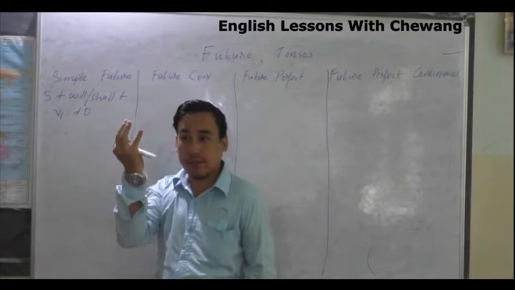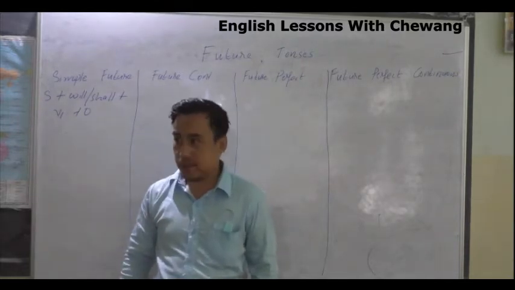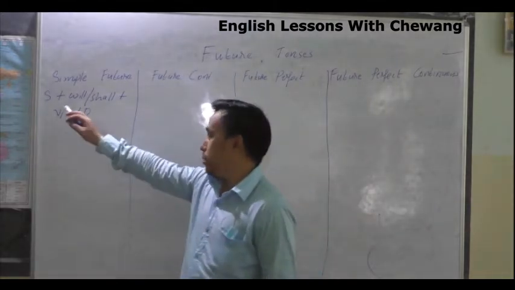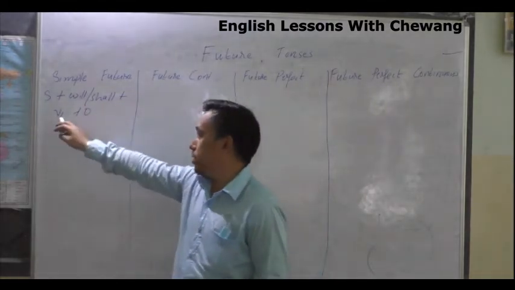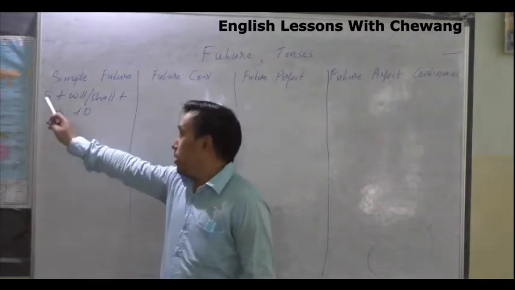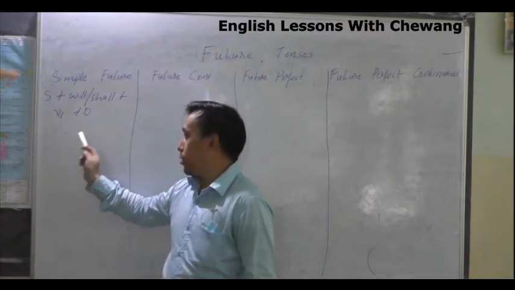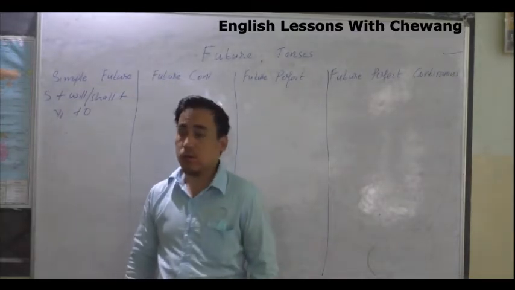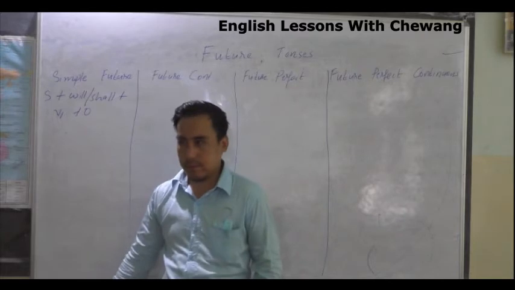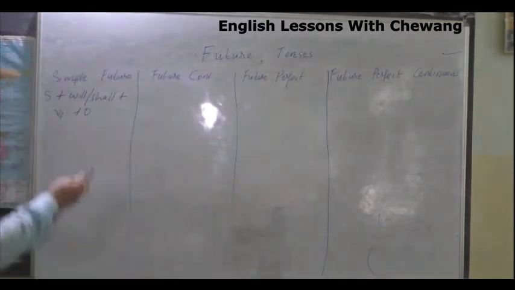Go, went, gone. Go to school. Make sense? Subject, will or shall, plus first form of the verb, plus object. So, he will or shall go to school, to the market. Okay, alright. He will go to the market.